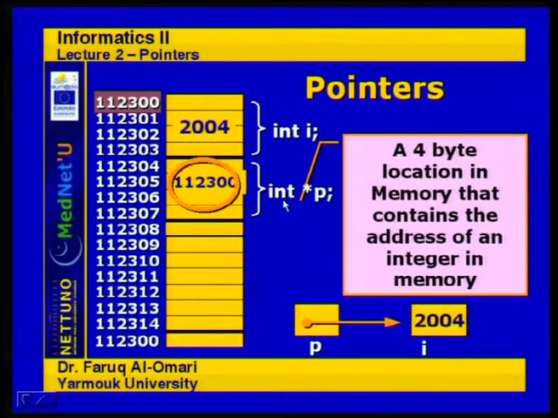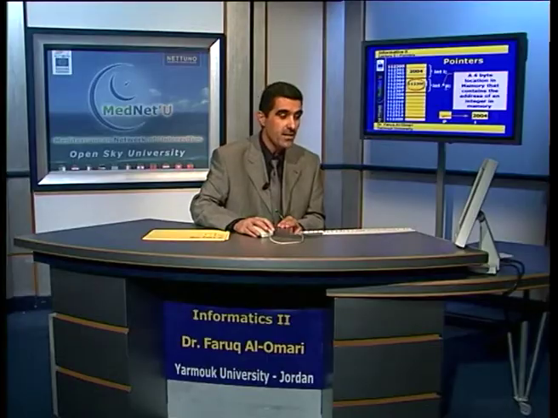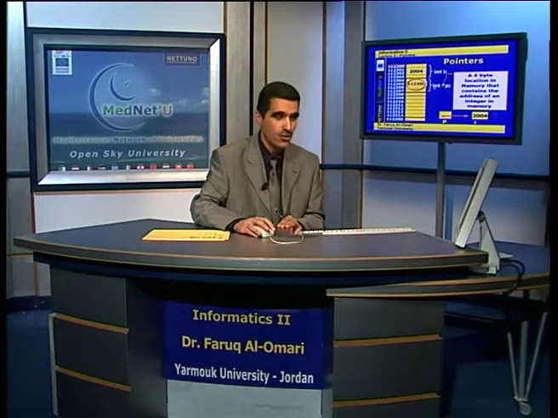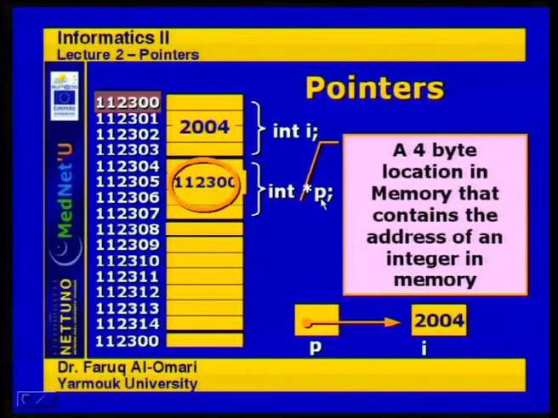However, when I say something like integer asterisk p, I'm defining a pointer of type integer. So p, as a matter of fact, equals this number, 112304. That's the value of p. It's the address of these 4 consecutive locations, actually the first byte within these 4 consecutive locations.